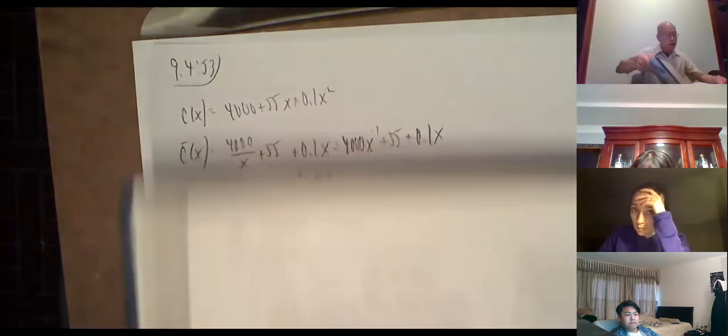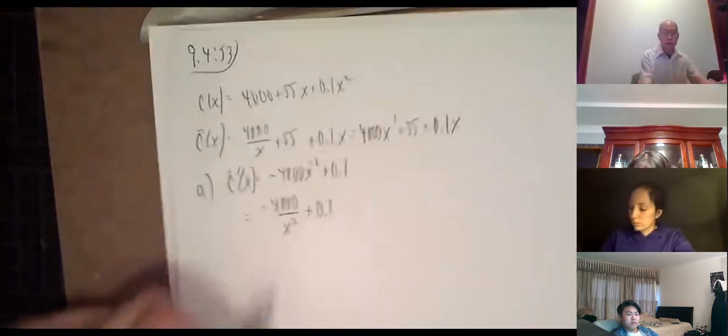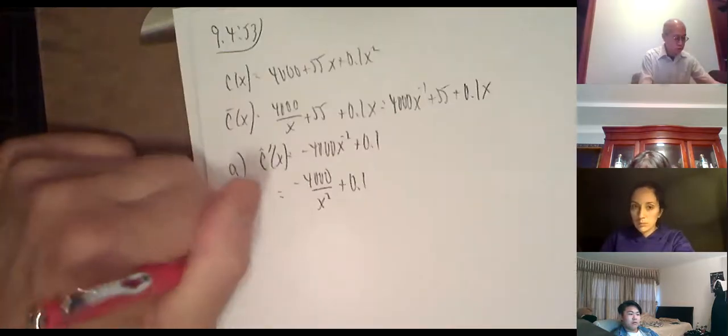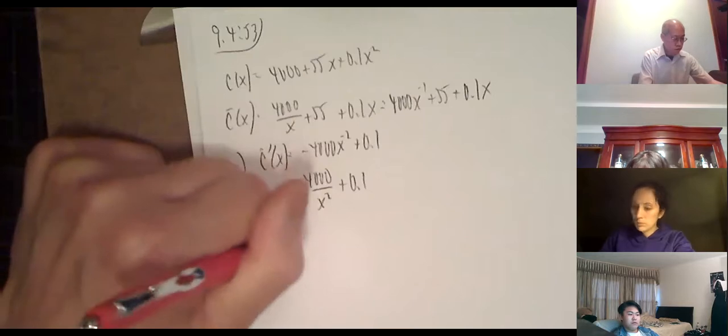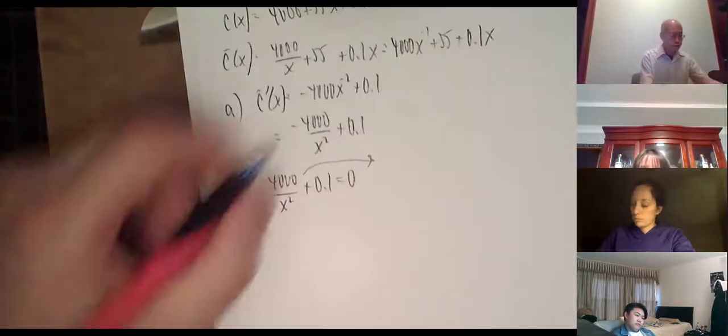B, find the level of production at which this rate of change equals 0. That means I set this equal to 0. Throw that over there.